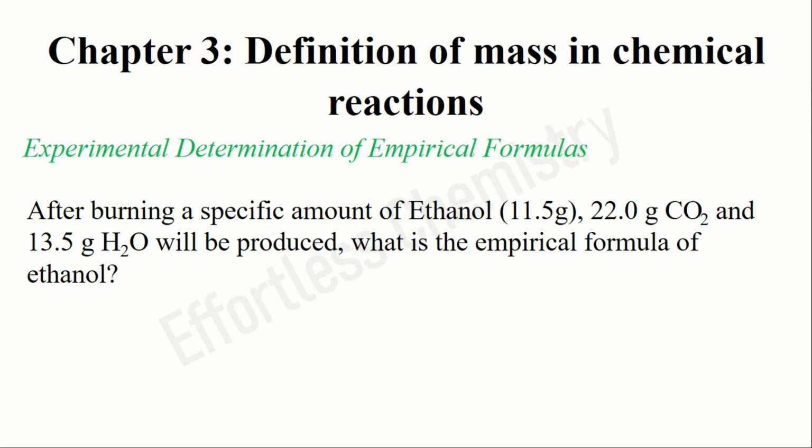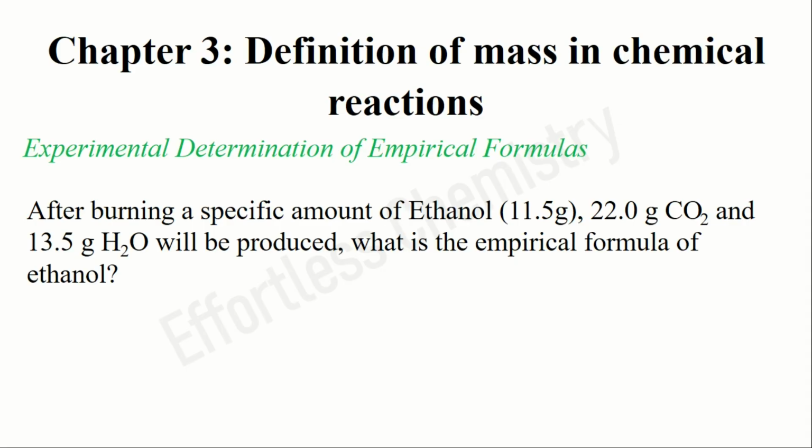Let's solve this problem. After burning a specific amount of ethanol, these amounts of carbon dioxide and water are produced. What is the empirical formula of ethanol? Because neither carbon nor hydrogen was in the inlet gas, we can conclude that both carbon and hydrogen were present in ethanol, and that oxygen may also be present.